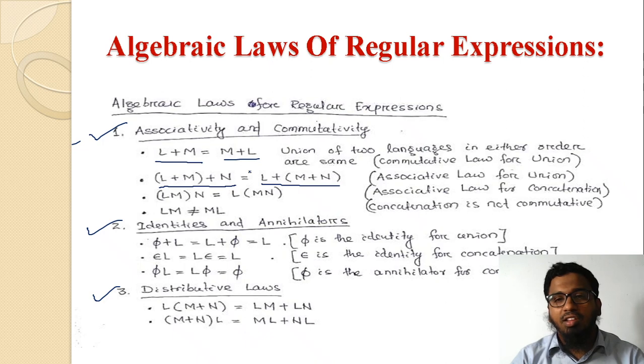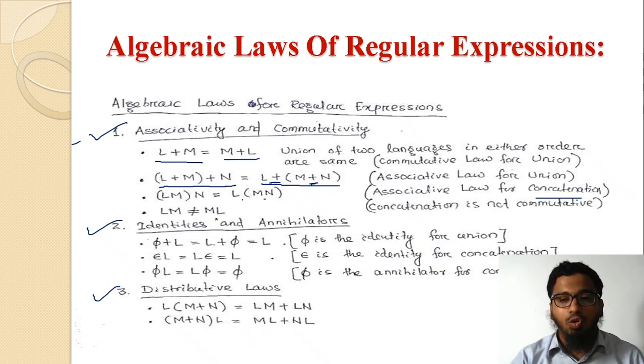These algebraic laws are predefined, and whenever required, you can use them. This is the commutative law: the union of two languages in either order is the same. The next one is the associative law for union. What we call plus, we call union. L union M union N equals L union M union N. You can write dot or empty, and then it represents concatenation.